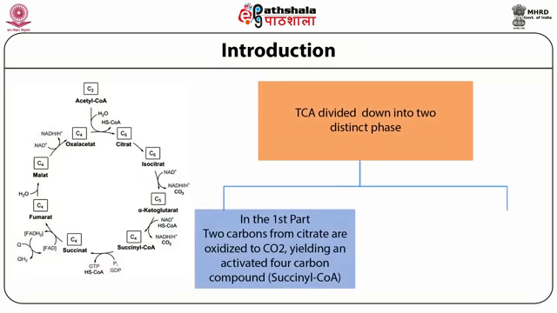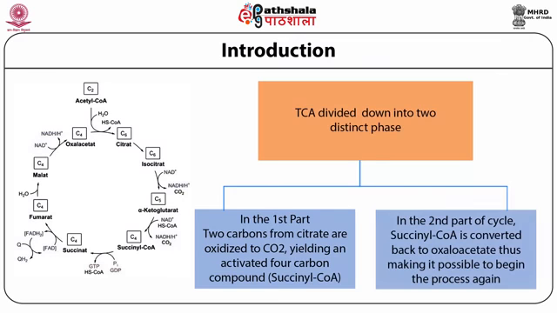In the first part, 2 carbons of citrate are oxidized to carbon dioxide, yielding an activated 4-carbon compound, that is succinyl coenzyme A. In the second part, succinyl coenzyme A is converted back to oxaloacetate, thus making it possible to begin the process again.